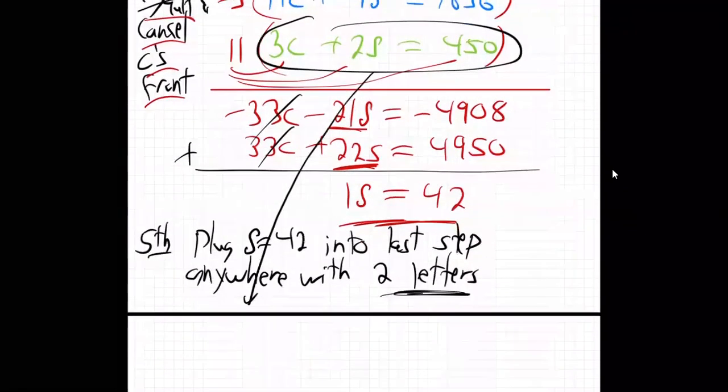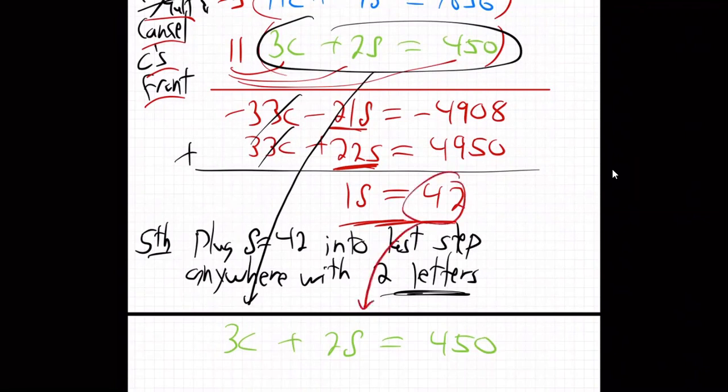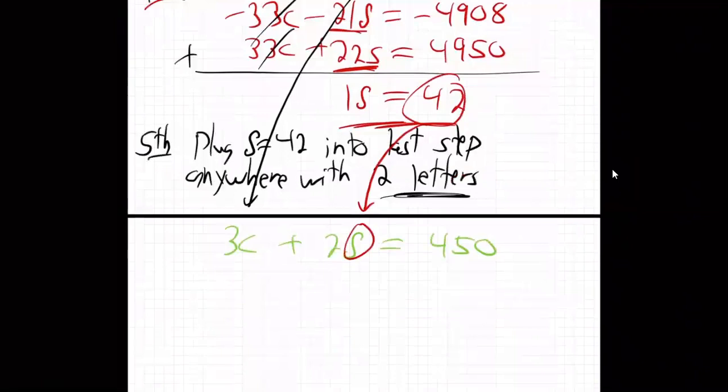So that one says 3C plus 2S equals 450. So I'll take that S is 42. Put right in there for S. So what do we get? 3C plus 2 times S. S is 42.